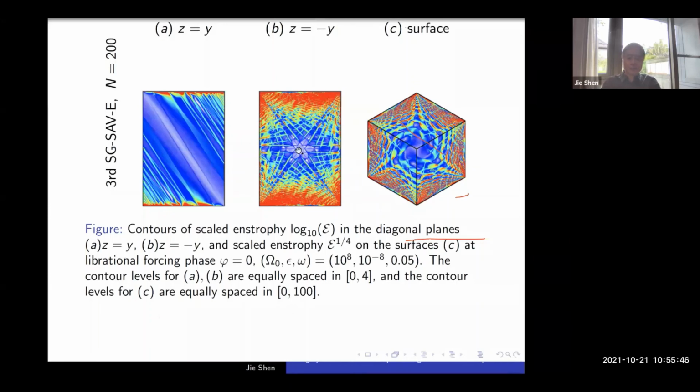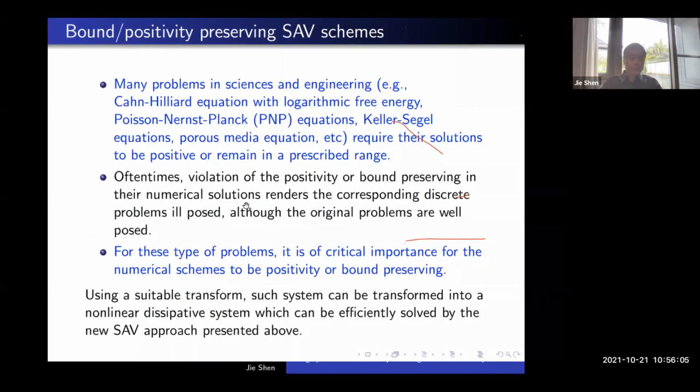You see the very complex symmetry and structures here are well captured by this third order scheme with the spectral discretization. Okay, I think my time is up, and so I will not talk about the bound and the positivity preserving.